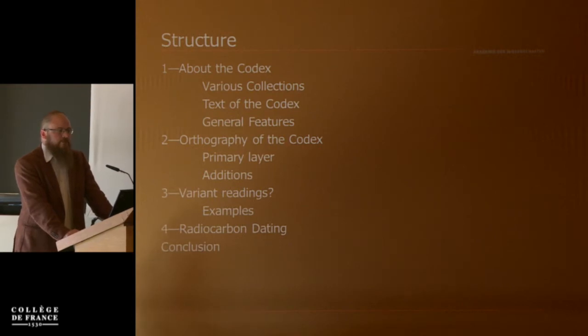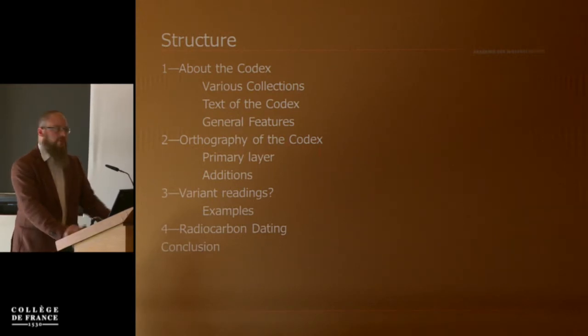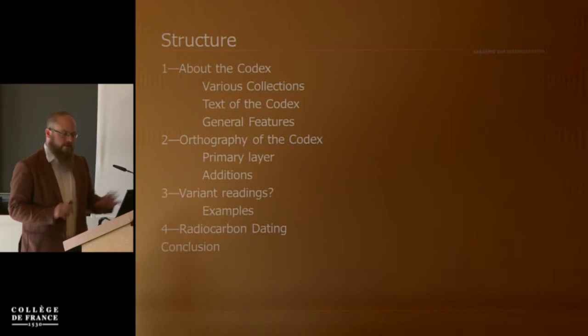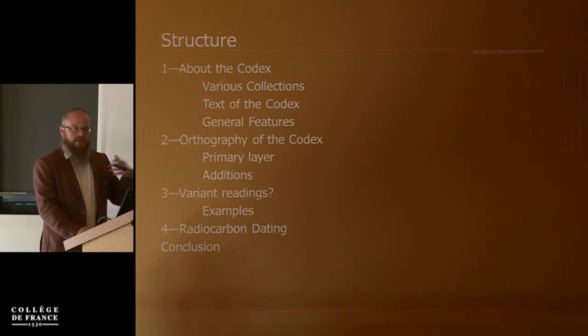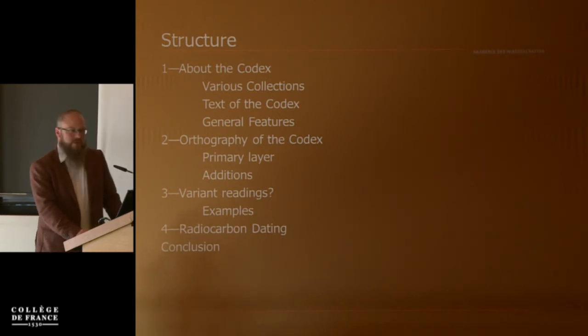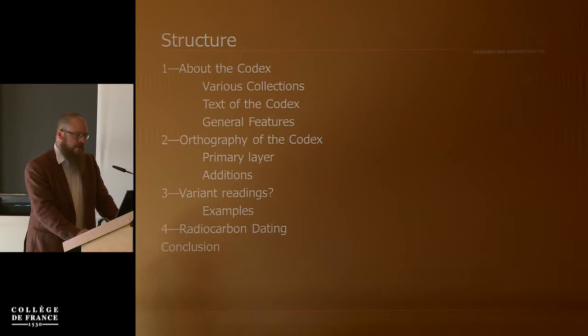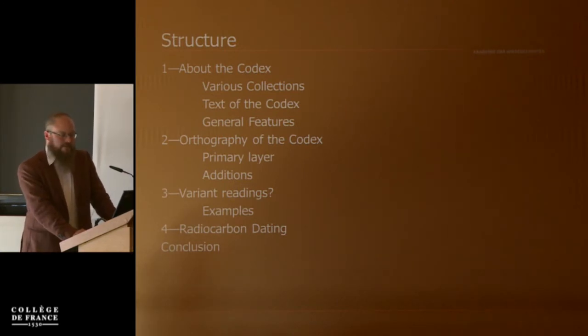Just the main points. First, I will try to show the dimensions, in the sense of what kind of fragments belong to this codex, which we now have given the virtual call number Codex Amrensis number 9. Secondly, I will show some orthographical features or just some specialities of this codex.